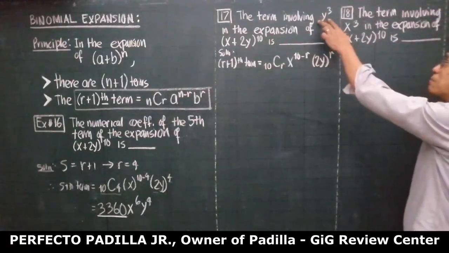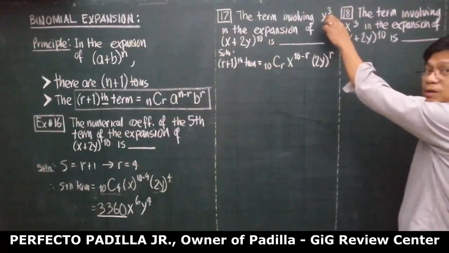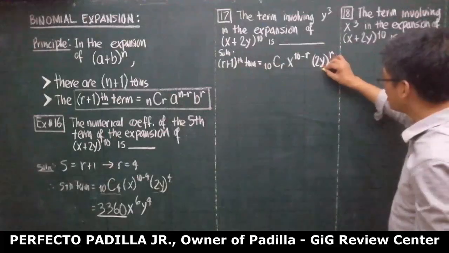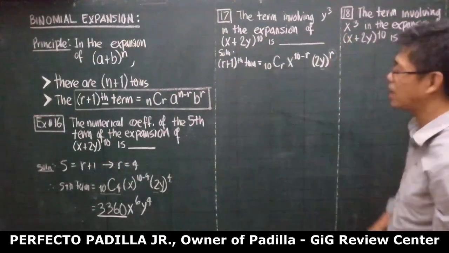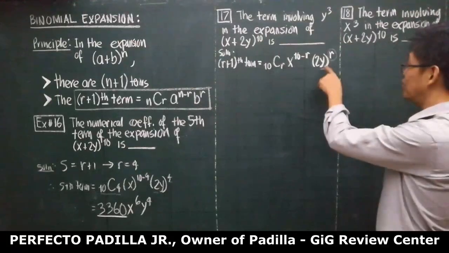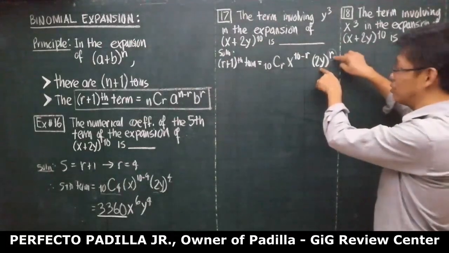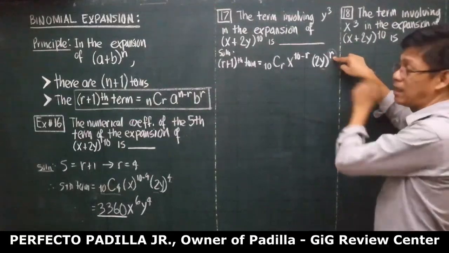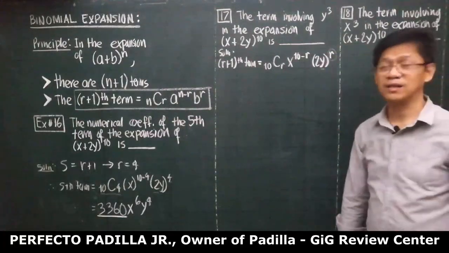Ang gusto natin magkaroon ng y cube. Para magkaroon ka ng y cube, ano dapat yung r? Simple common sense, di ba? In order for this to become y cube, r must be 3. Ano pa nga ba? Di ba?